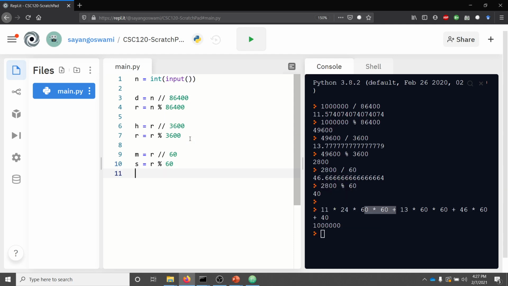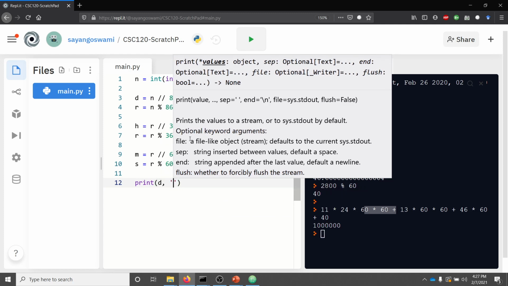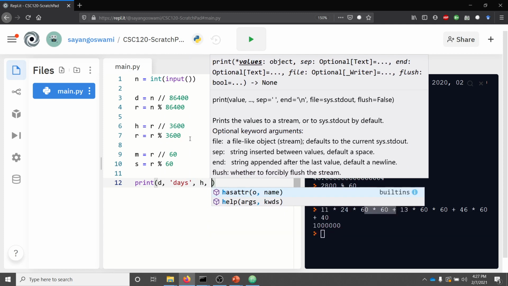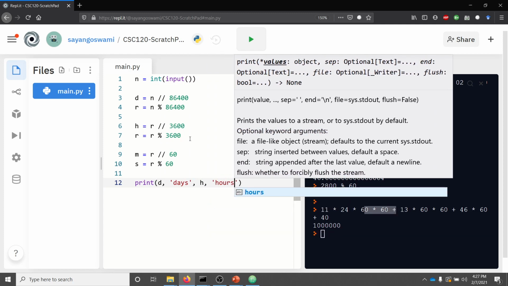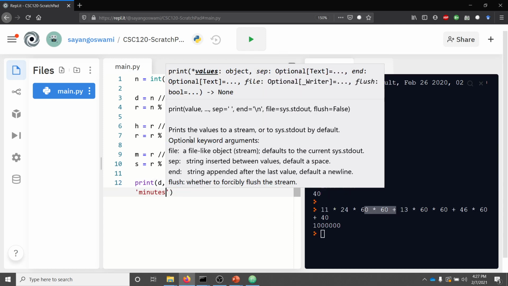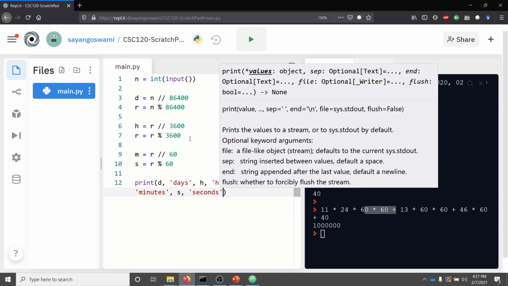That's the change. So a modulo is just that, right? Here's what you get, the quotient, plus some change. The remainder is that change. Anyways, and then you print d days, h hours, m minutes, s seconds.